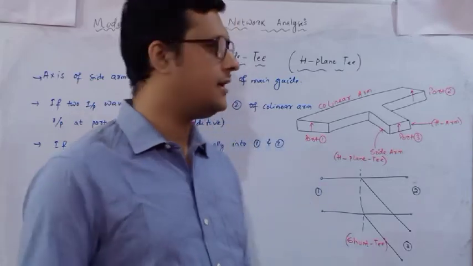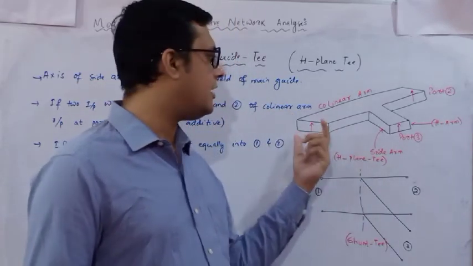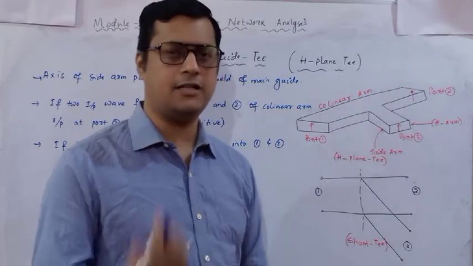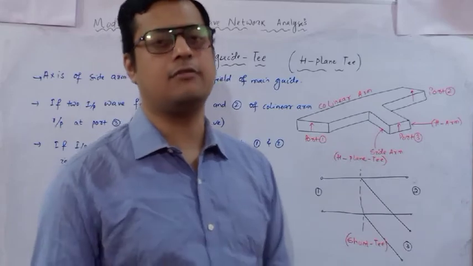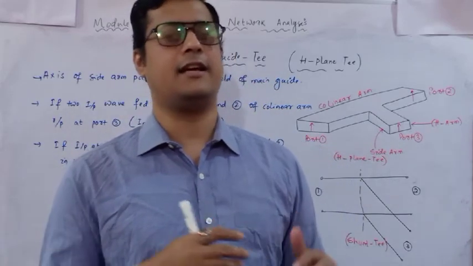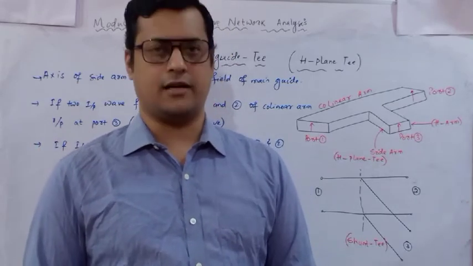But there is a small difference between E and H: the relationship between port 1 and port 2 is different. In the E-plane, S12 is equal to S21 as we have considered, but in the H-plane, S12 is the negative of S21. Why?